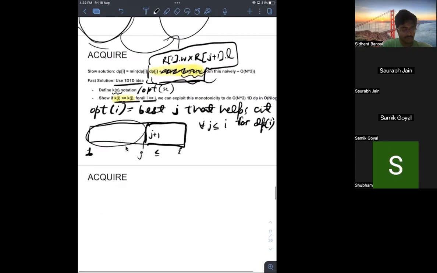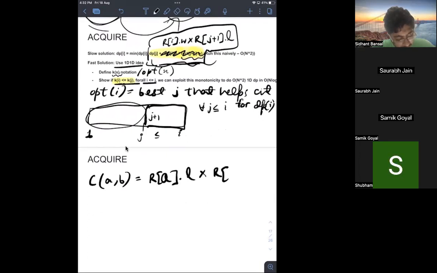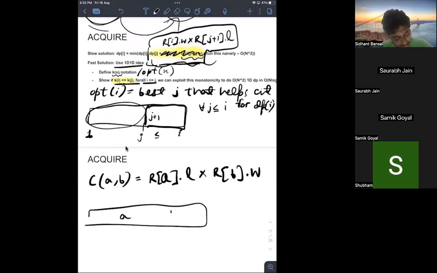Okay, so how do we argue about the quadrangle inequality? What is the cost function here? If you're going from A to B, your cost function is A rectangle's length times B rectangle's width, because your widths are increasing. So this is your Ath rectangle, this is your Bth rectangle.